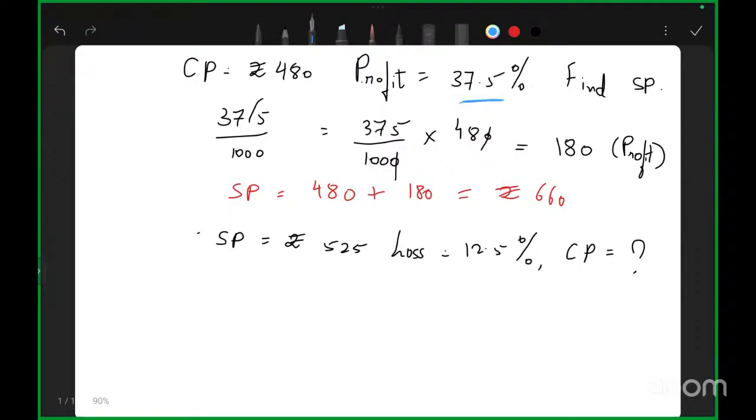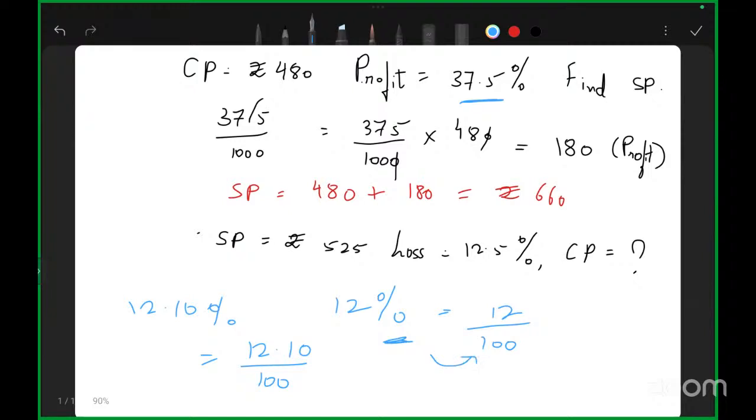We know that whenever something is a percentage, be it 12%, you will write it as 12 by 100. Be it 12.10%, how will you write it? 12.10 upon 100. Percentage sign after a number means upon 100.